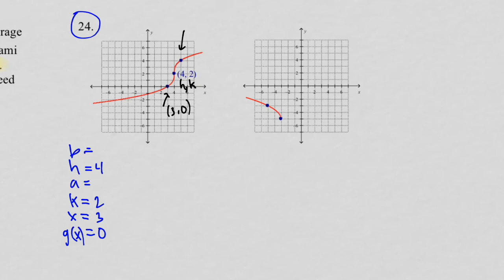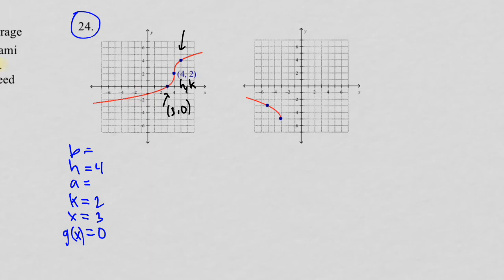Next, what you need to do is figure out, do I need to solve for A or do I need to solve for B? They didn't tell you which. Most of the time I've been telling you which form to use. Since they're not telling you, you choose which one you want to use. The best way to choose is to look at the points that they gave you. Does it look like a horizontal stretch, or a vertical stretch? You can tell by looking at how the points are arranged. The points in the parent function are arranged like this: negative 1, negative 1, 0, 0, 1, 1.